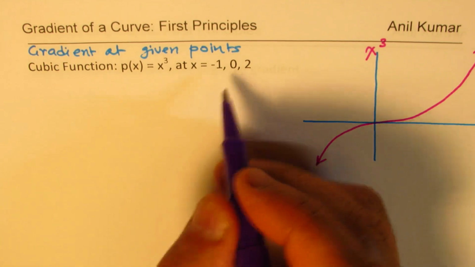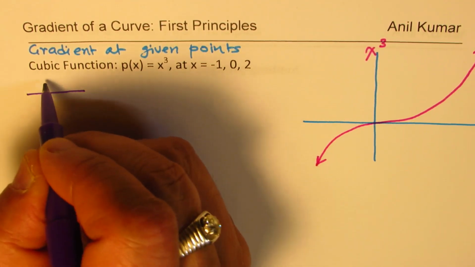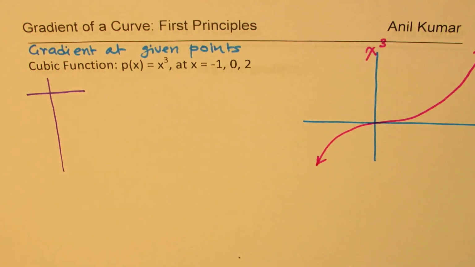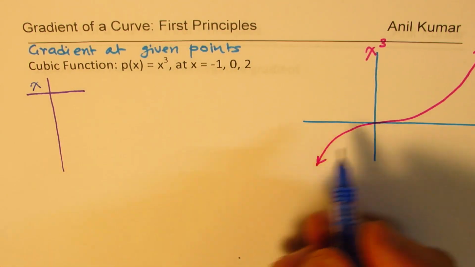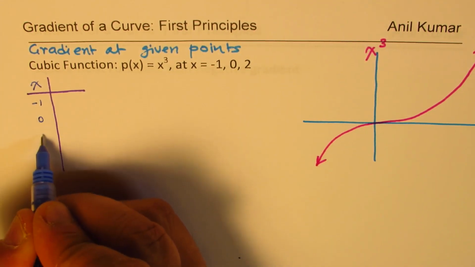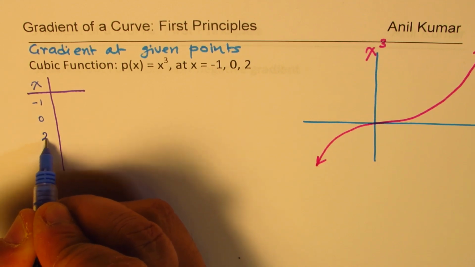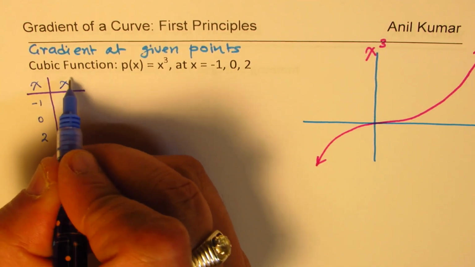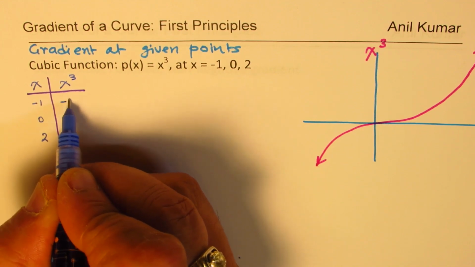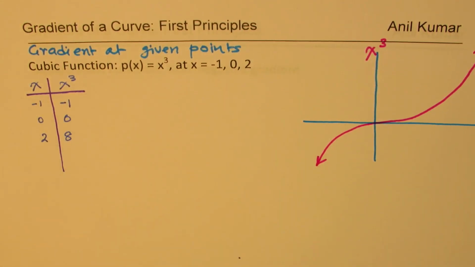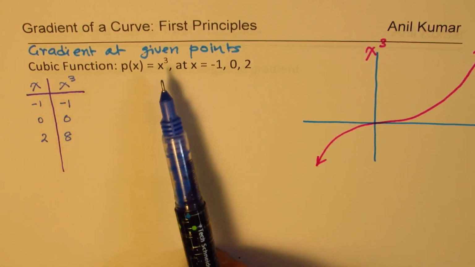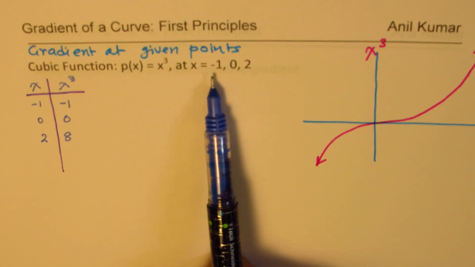So if x is values like minus 1, 0, and 2, then x cubed, which is my function, will be minus 1, 0, and 8, correct? Those are my values for x cubed. Okay. Now, we need to find the gradient at all these points.